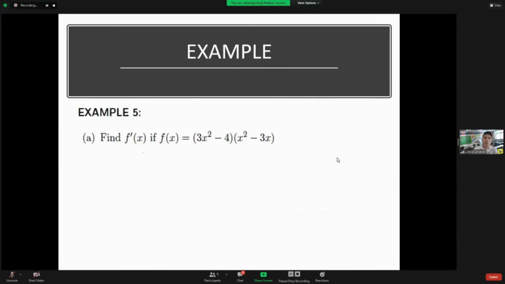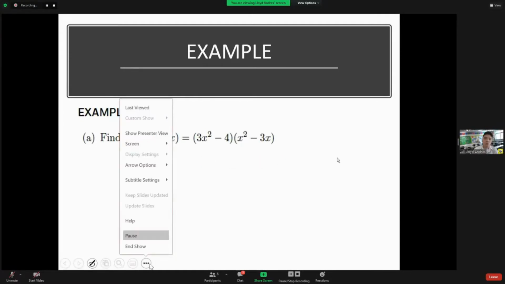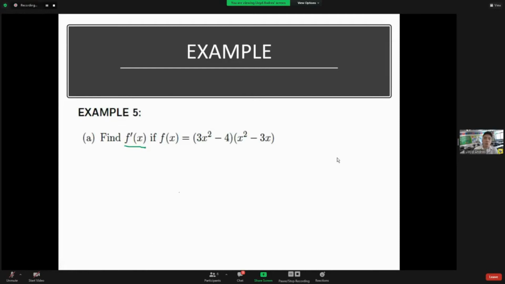We are asked to solve for the derivative of f of x, given that f of x is equivalent to this function.